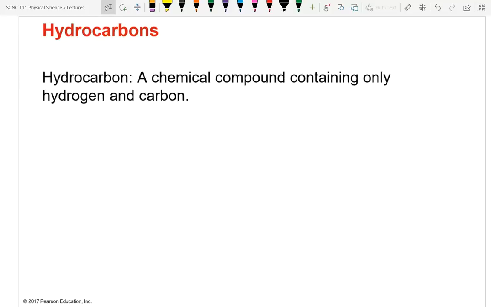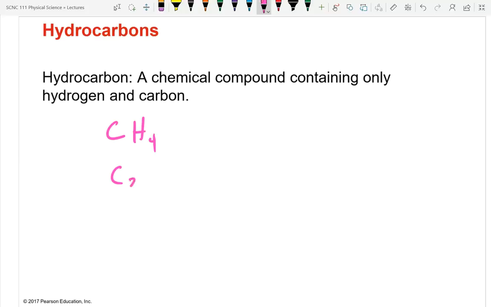Hydrocarbons are things that are made up of carbon and hydrogen. So methane, the example we used in our homework problem, CH4, that's a hydrocarbon. Another homework problem had ethane, C2H6, that's another hydrocarbon, just carbon and hydrogen atoms.